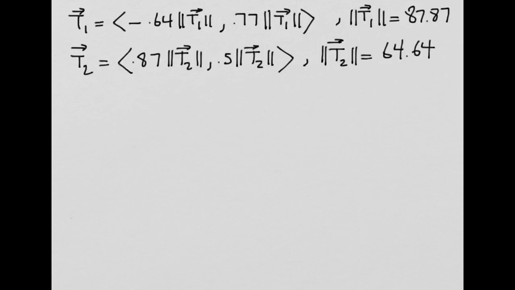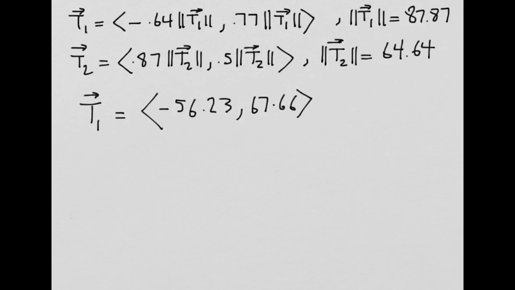If we plug in the magnitude of T1 for T1, we get that the tension T1 has components minus 56.23 and 67.66. This is done by plugging in 87.87 for the magnitude of T1.